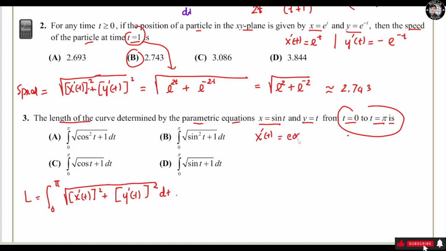It's going to be cosine t, right? And y prime of t is going to be 1, right? So we substitute over here. We have the integral from 0 to pi of the square root of cosine squared of t plus 1 dt, right? So the answer must be A.